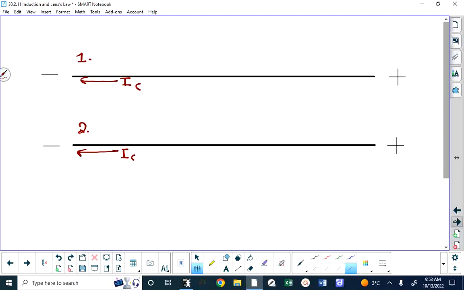Wire 2 has a magnetic field created around it, curly right-hand rule. That magnetic field extends through space around wire 2, which means it's going to interact with wire 1. I'm asking, what is the direction of the magnetic field of wire 2 where wire 1 is? This is almost identical to a question on the quiz.